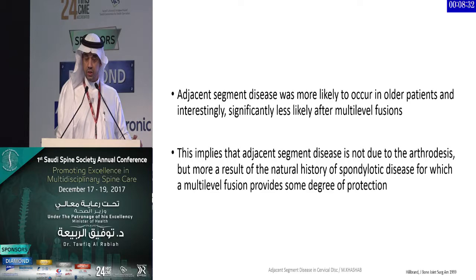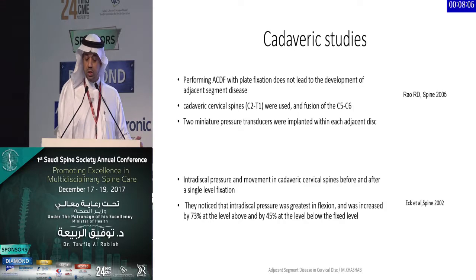More interestingly, he found that adjacent segment disease is less likely to occur when you have a multi-level fusion. The reason, he thinks, is that when you do a multi-level fusion, you're actually protecting those levels from developing spondylosis, and that follows the same criteria, that it happens more with the elderly and is more of a natural history.